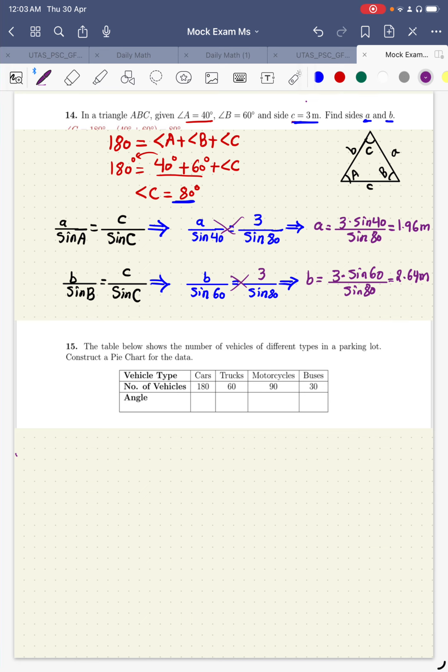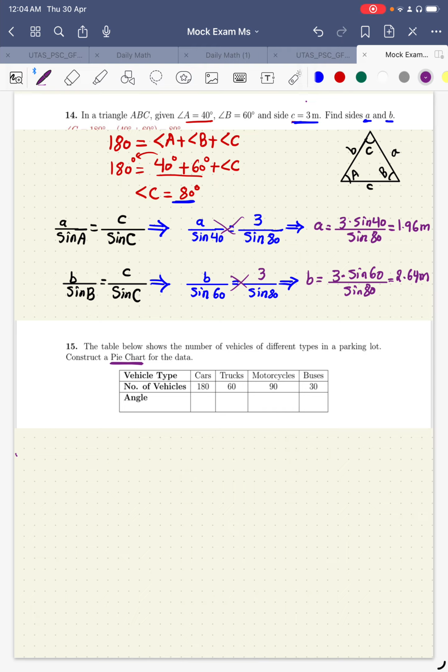Now let's go to question number 15. In question number 15, the table below shows the number of vehicles of different types in a parking lot. Construct a pie chart. So remember what we mean by pie chart: it is a circle, a way to represent data.